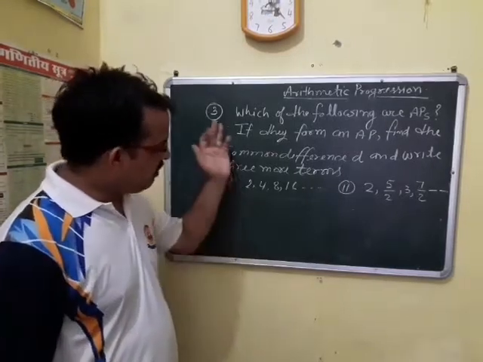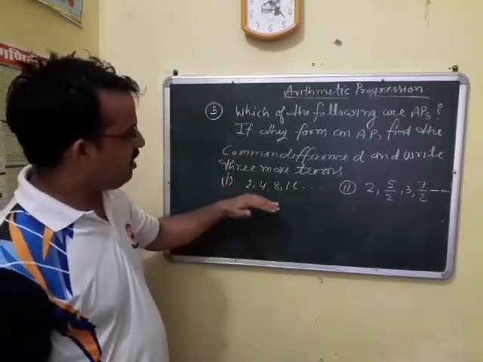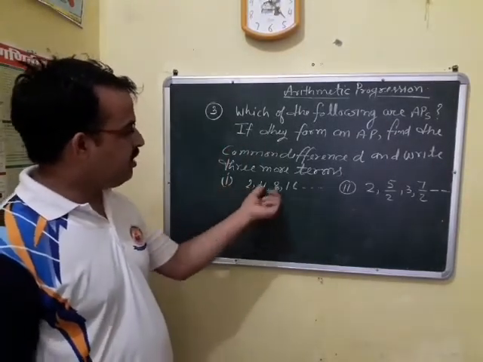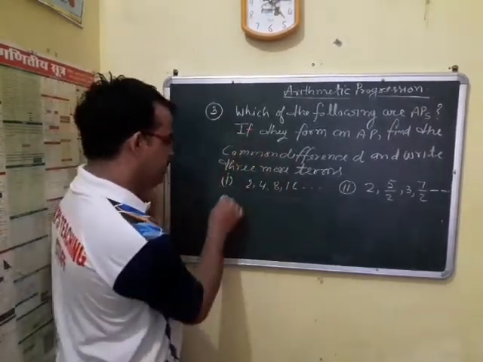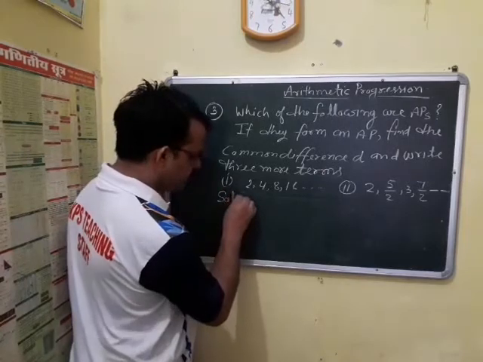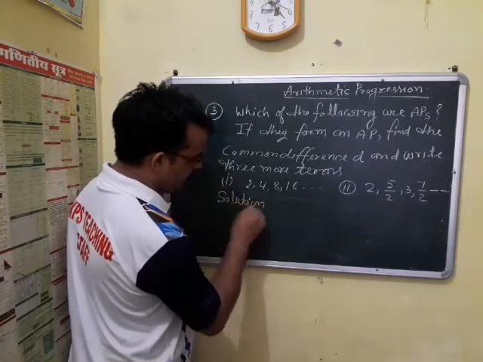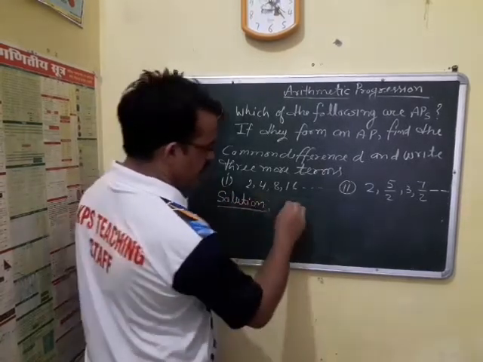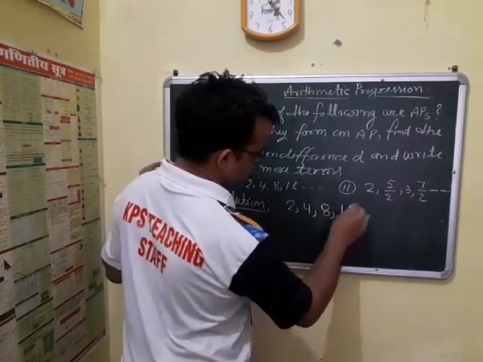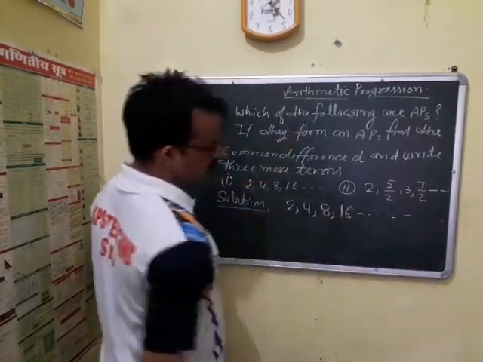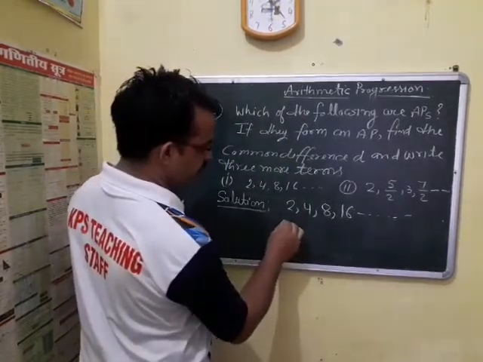Now we'll see that. First we check whether the first one is AP or not. So see the solution here. Here is given 2, 4, 8, 16. Clear? Now this one is A1.